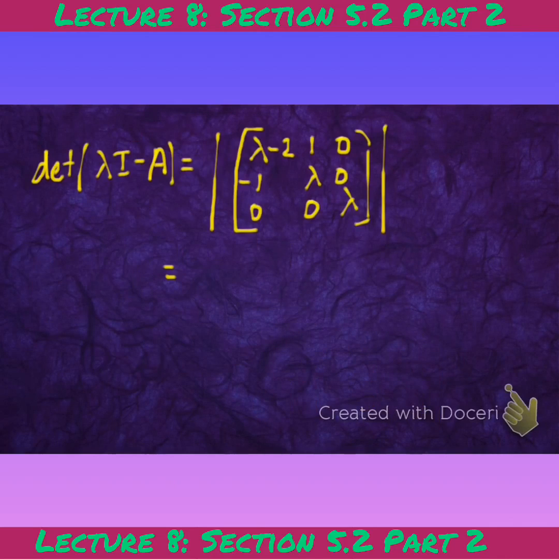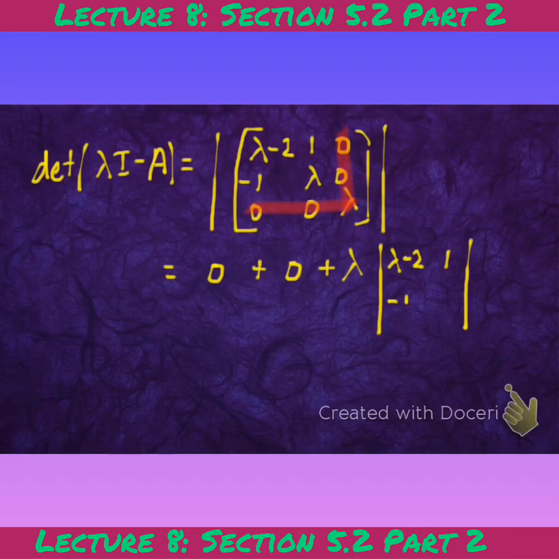So here we can do a cofactor expansion along the last column, and that becomes lambda times the determinant of the matrix that I get by cancelling the last row and the last column, and so that is going to be lambda minus 2, 1, minus 1 and lambda.